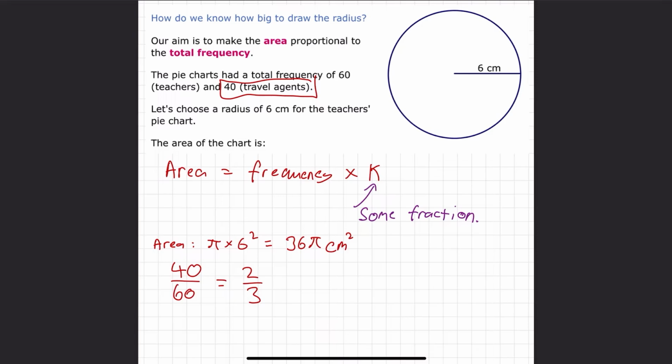If our area for teachers is 36 pi, the area for travel agents is just going to be 2/3 of that area. So if I do 2/3 of my 36 pi, you get 24 pi as your area for your travel agents.